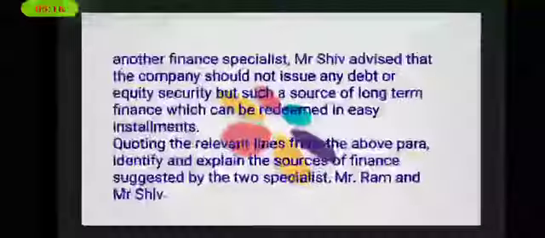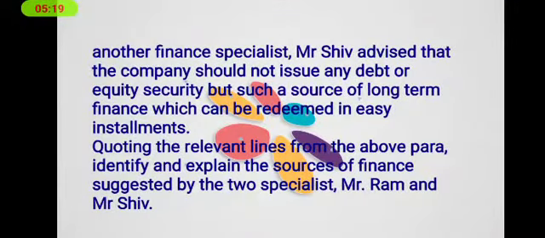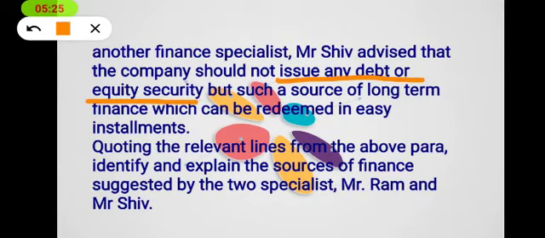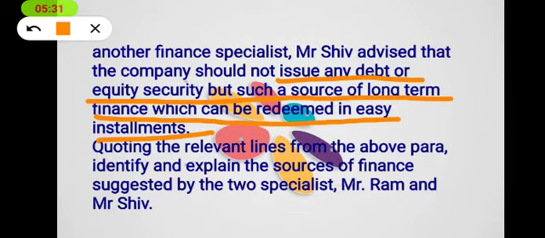Next, let's see the opinion of Mr. Shiv. So he advised that the company should not issue any debt or equity security but such a source of long-term finance which can be redeemed in easy installments. That means Mr. Shiv is against the issuing of debentures because he says not to issue any debts and equity, as well as he is also against issuing equity shares.